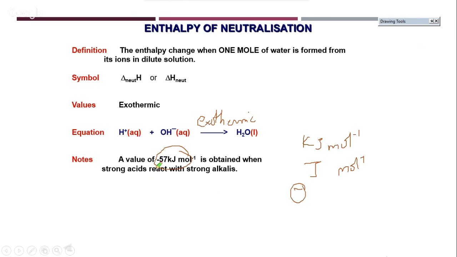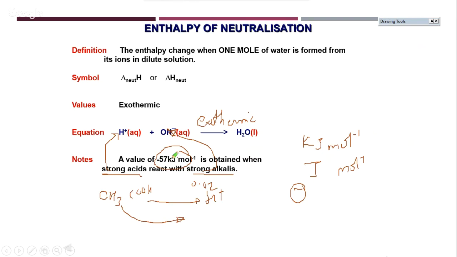Now, one more very important aspect is that we have mentioned strong acids and strong alkalis because we imagine that strong acids entirely give out H plus and strong alkalis entirely give out OH minus. What happens when there is a weak acid? For example, you have CH3COOH. Then you'll find that 1 mole of CH3COOH is never going to give entirely H plus. Maybe you will only end up getting 0.02 moles of H plus. So there is some energy lost in dissociating also.